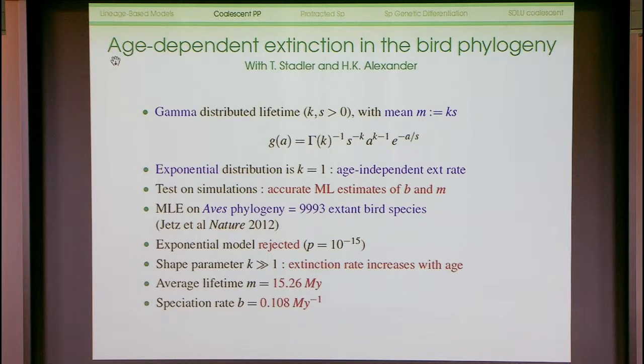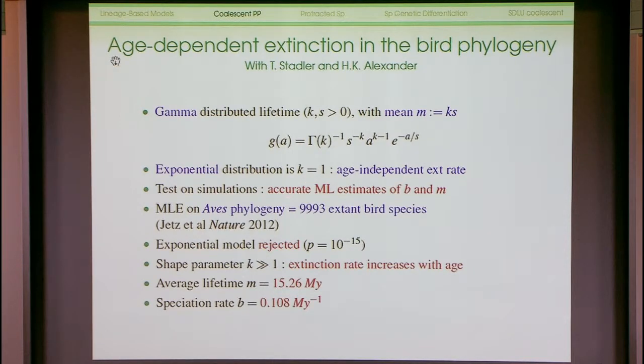So we assume that we have a constant speciation rate, and that the lifetime distribution of species is not exponential. We decided to parameterize this distribution by a gamma random variable with mean m and shape parameter k. So when k equals 1, we have an age-independent extinction rate.